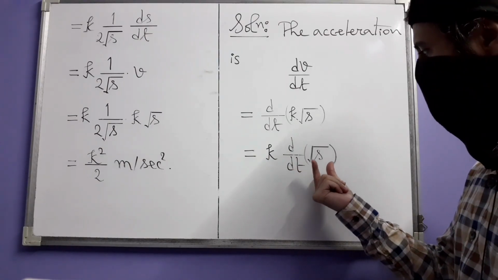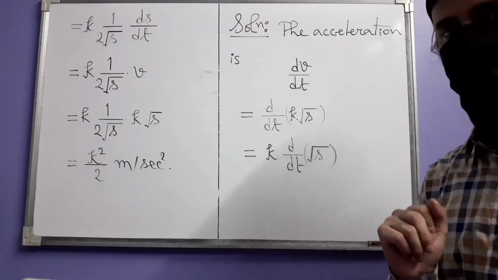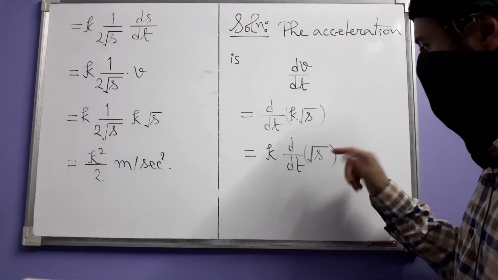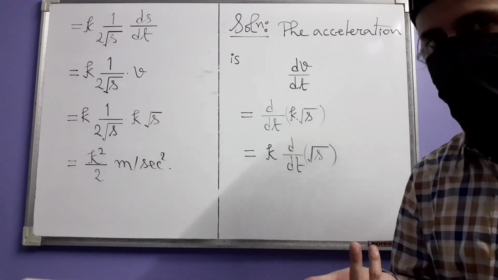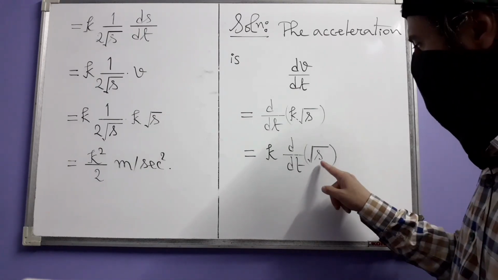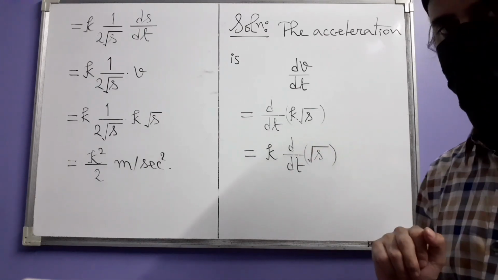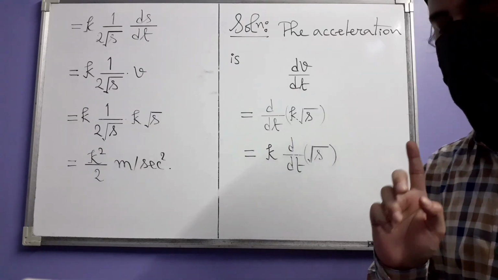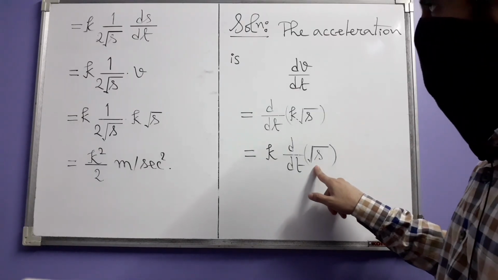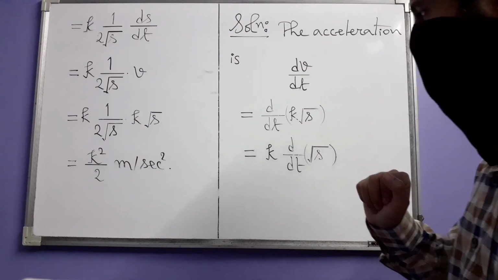Now you are looking at the derivative of square root of s. Note that the distance the body has fallen, that is s itself, is a function of time. So that means this is a composite function of the square root function and that function s. So you have to apply the chain rule to do the differentiation.